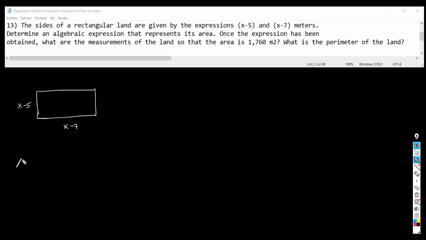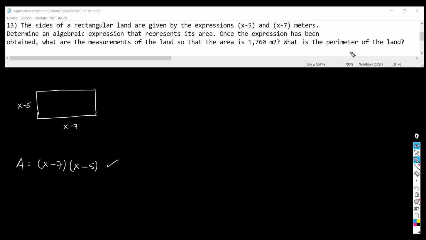Determine an algebraic expression that represents its area. That's easy. The area of any rectangle is one of the sides times the other. There you go, this is the answer for the first question. And then they ask, once the expression has been obtained, what are the measurements of the land so that the area is 1,760 square meters?